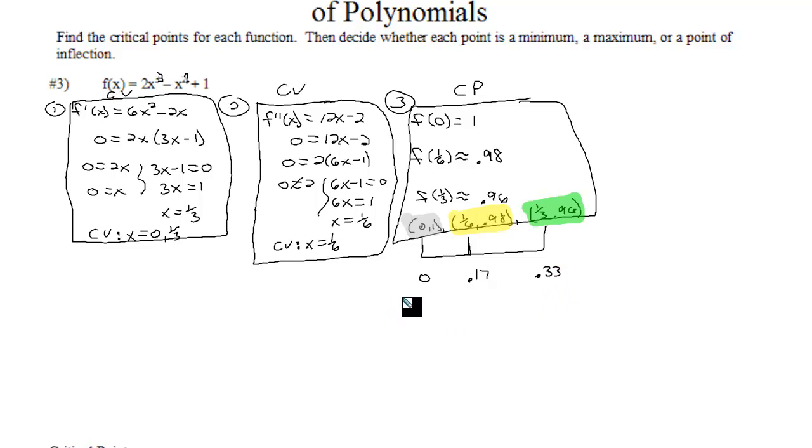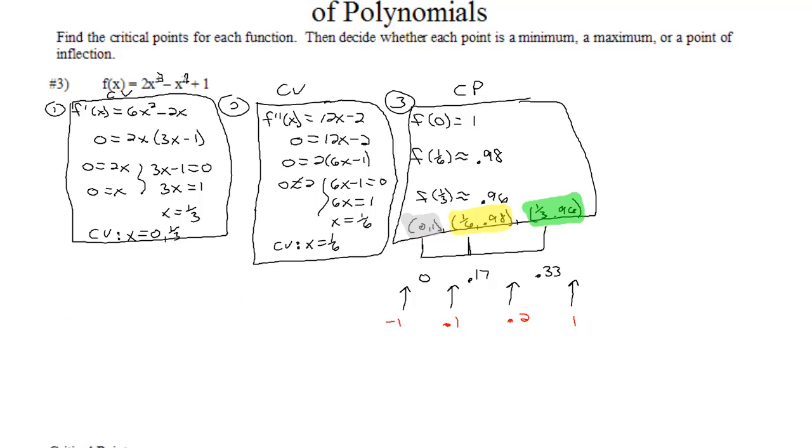When you pick test points, you do something to the left of 0, between 0 and 0.17, between 0.17 and 0.33, and to the right of 0.33. For example, test points could be -1, 0.1, 0.2, and 1.